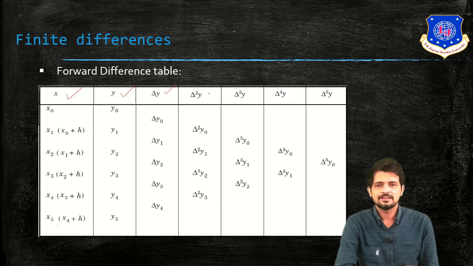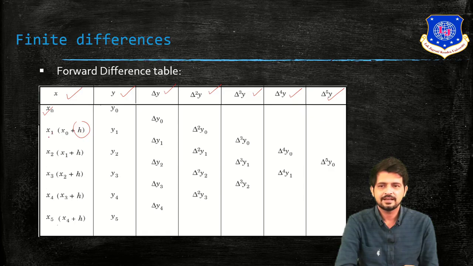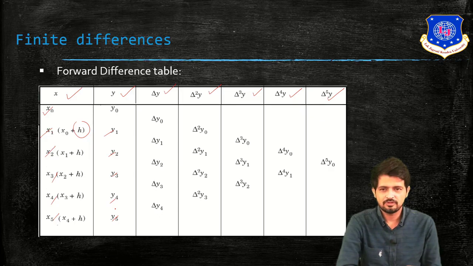First difference, second order difference, third order difference, fourth order difference, and so on. These are the values of x. x0 will be given and the value of h will be given. By adding h in x0, I will get x1. Then again adding h in x1, I will get x2, x3, x4, and so on. And these are the function values. Okay, how can I write the forward differences?